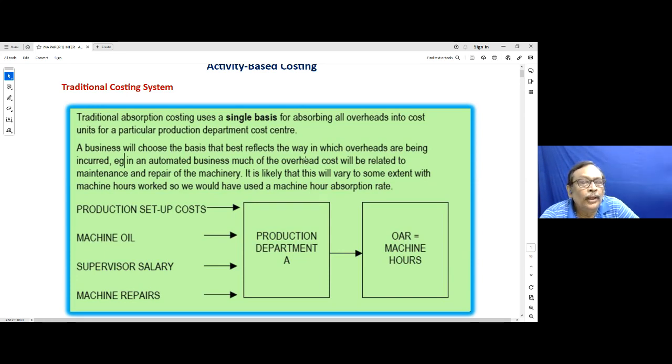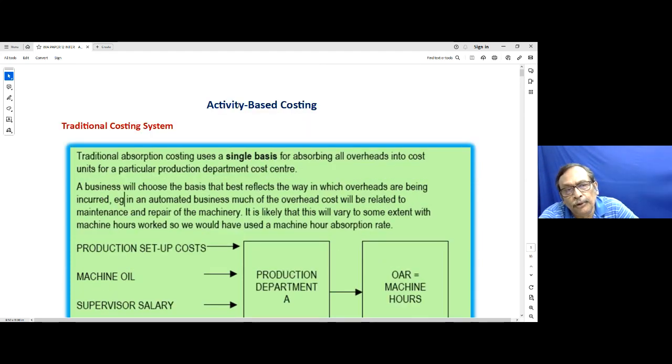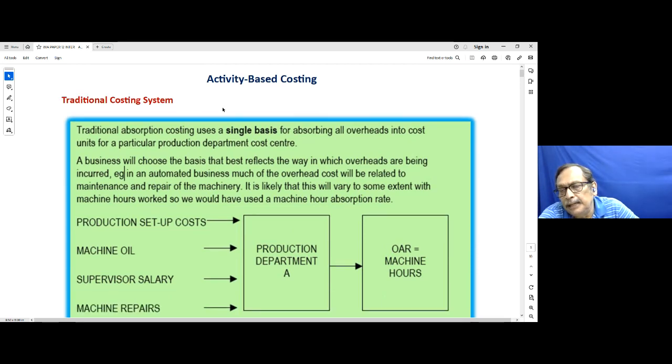You see, if we follow the traditional costing system, it takes into consideration a single rate, called the blanket rate, for absorbing the overhead cost to the various cost objects, products, etc. Traditional absorption costing uses a single basis for absorbing all overheads into cost units for a particular production department or cost center.